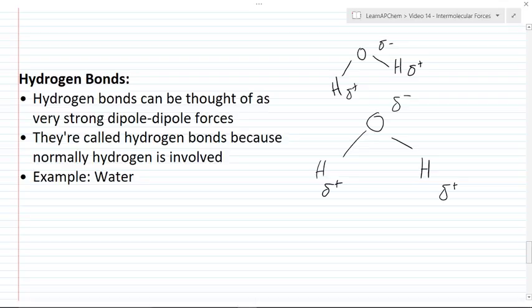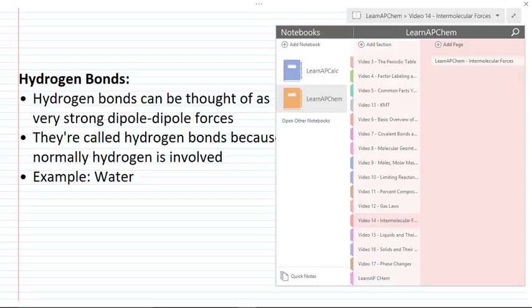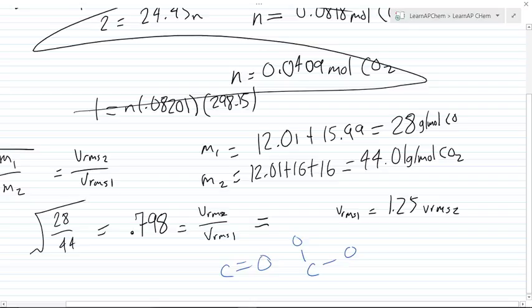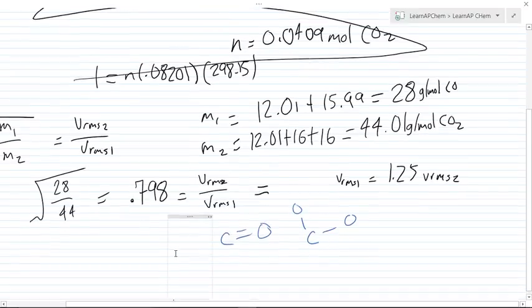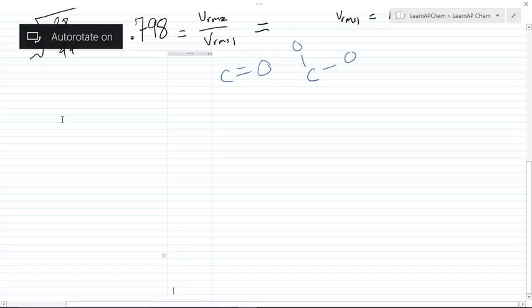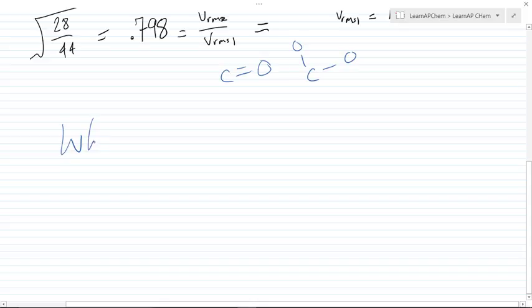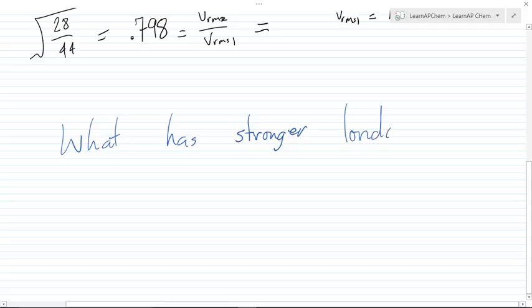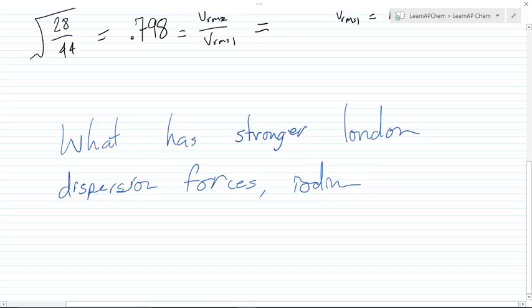So they might ask you a question like this: what has stronger London dispersion forces, iodine or bromine?